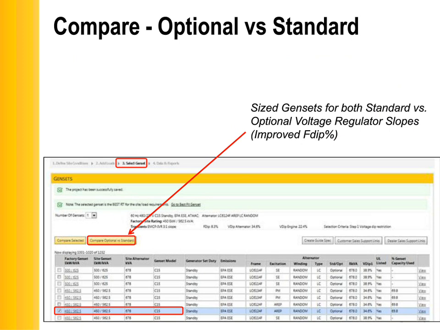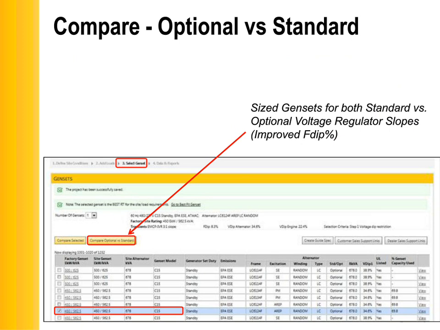And what we do is load both sets of data into SpecSizer transient response data, and the tool automatically compares both sets of transient response data, and it will find the smallest genset based upon that comparison. So really that's what that button is doing here. It's showing you that comparison for a size genset for the two different types of transient response data, okay?